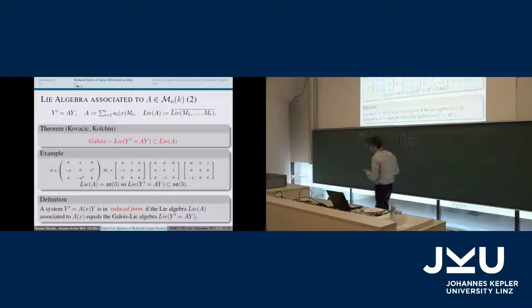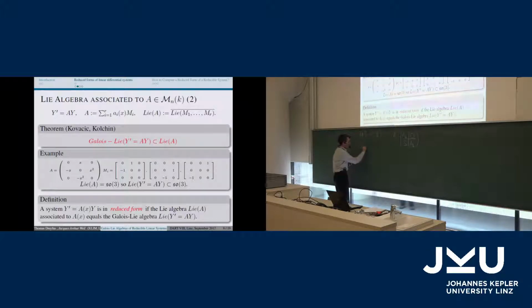And so we'll say a system is in reduced form if we have found a linear change of variables so that the resulting system has a Lie algebra associated to its matrix which is the Lie algebra of the Galois group. That's pretty much the smallest Lie algebra you can transform to. So to do that, we'll do gauge transformations.